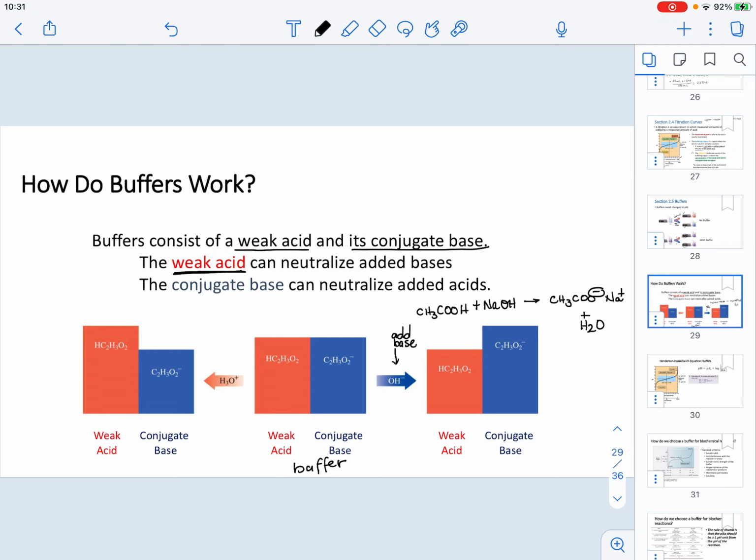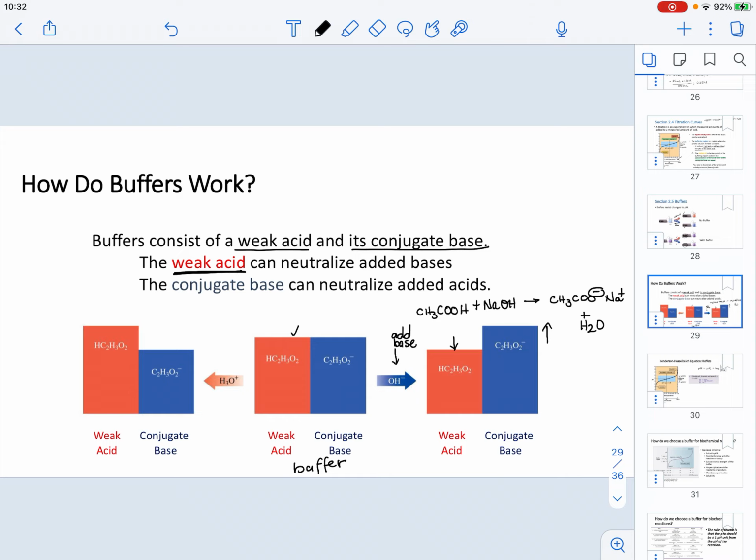So you can imagine that overall, because we are consuming that acetic acid, the concentration of acetic acid is going to reduce. Since we are forming acetate, that is going to increase.